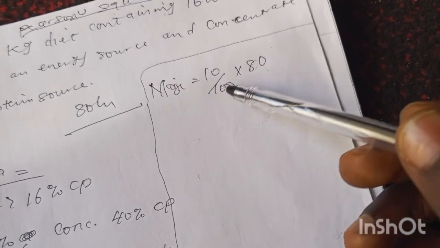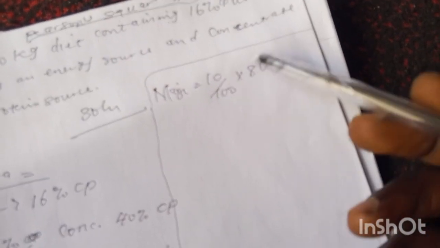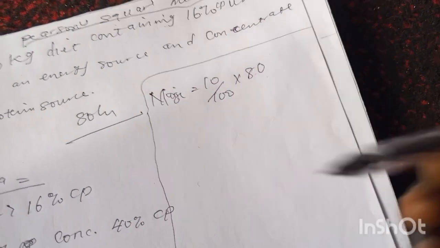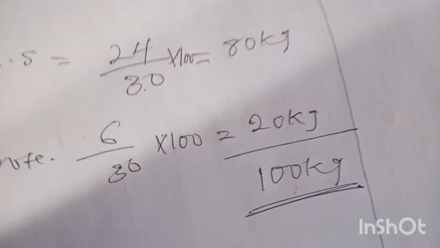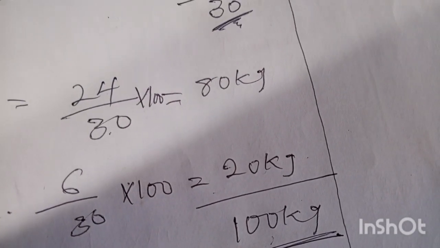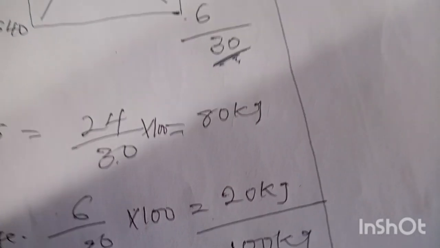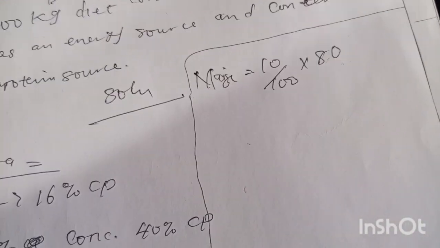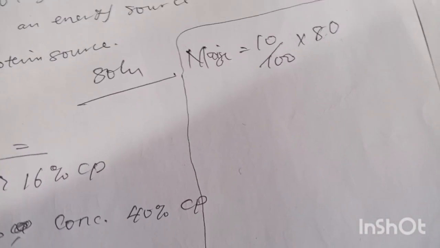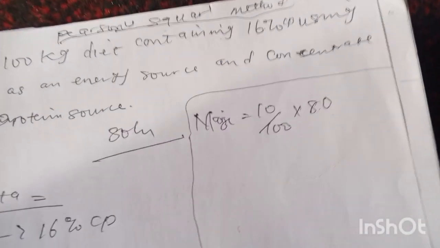We are not multiplying by 100 kg anymore, because right now we have already gotten our 100 kg. We are confirming that everything is in 100 kg, so we divide by 100 kg to know if the CP under 100 kg is correct.